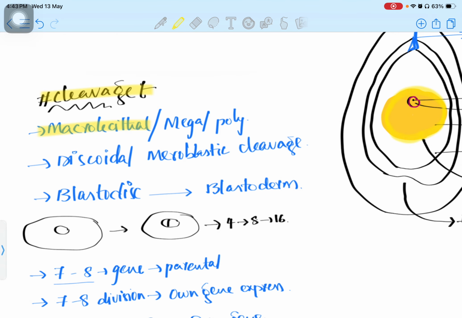When we try to understand which type of cleavage is present in the chick, it is microlecithal, no, we call it megalecithal, or we can also call it polylecithal. Here macrolecithal, megalecithal or polylecithal refers to the presence of yolk. There is a huge amount of yolk present in the chick, that's why we call it poly, mega or macro.